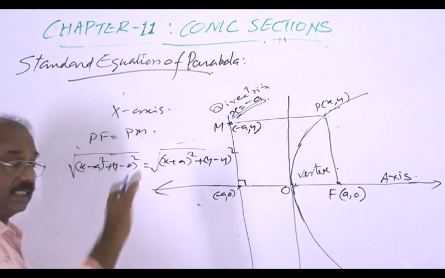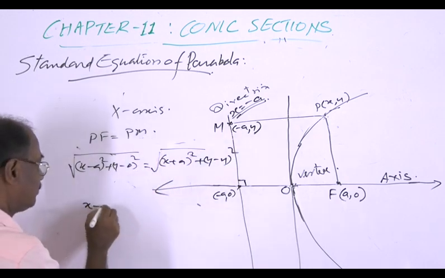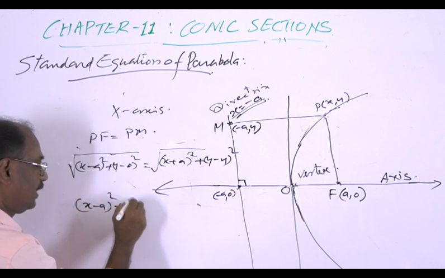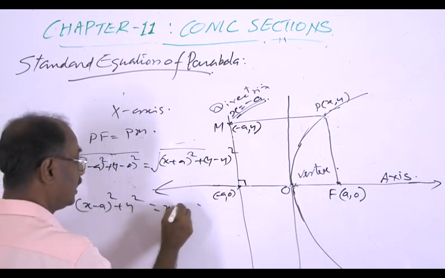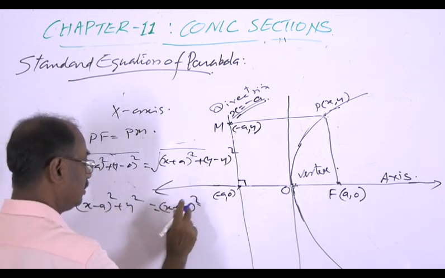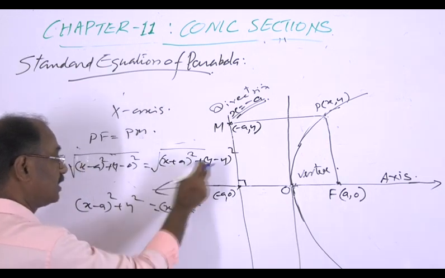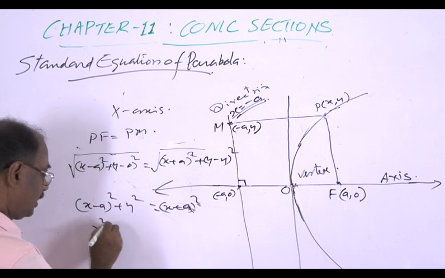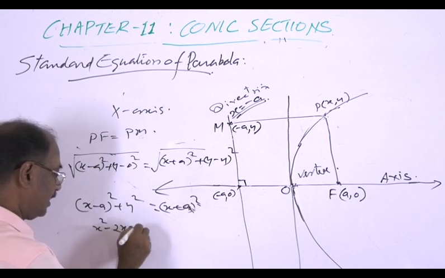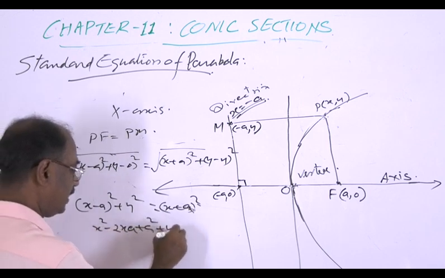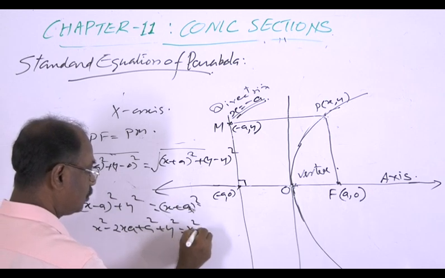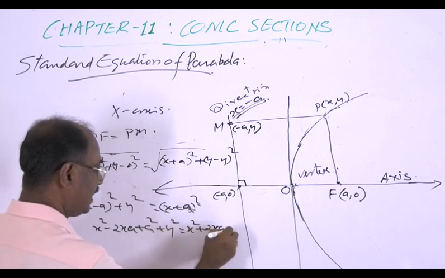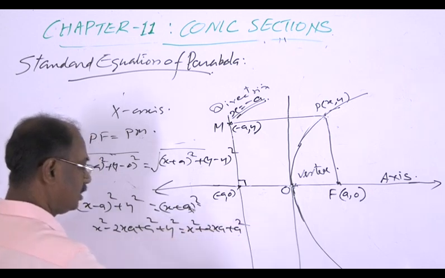On squaring, we get (x minus a) whole square plus y square equals (x plus a) whole square, or x squared minus 2xa plus a squared plus y squared equals x squared plus 2xa plus a squared.